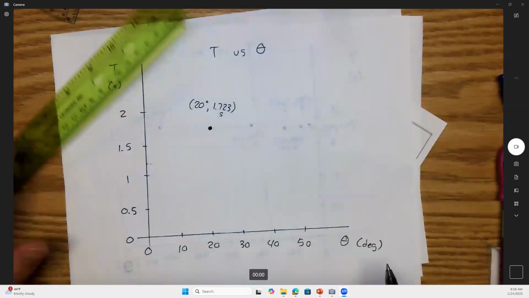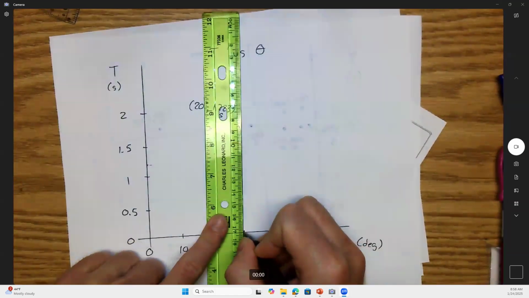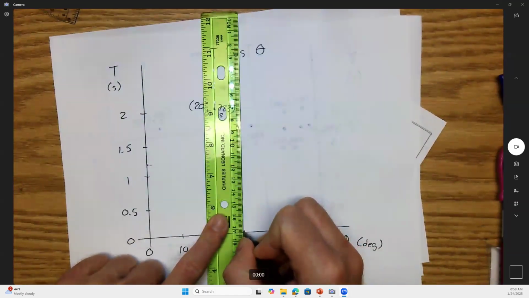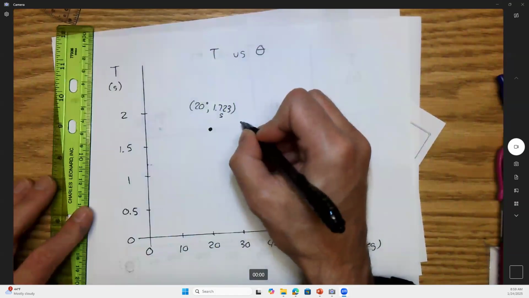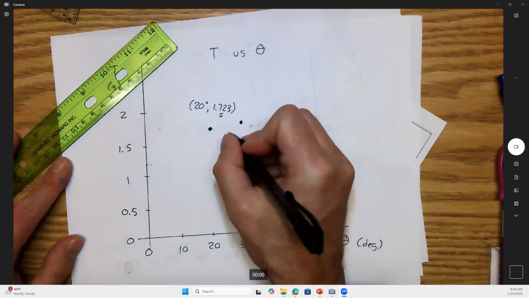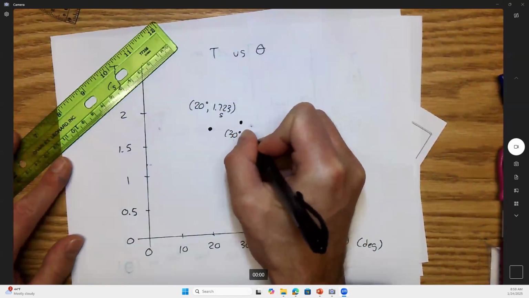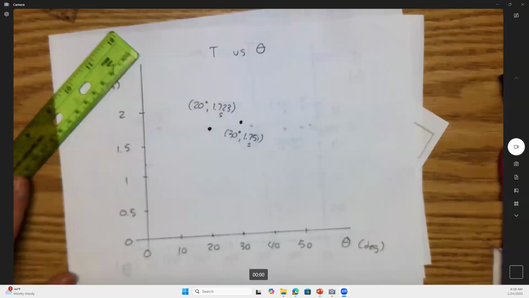The next one was a degree of 30 and a time of 1.751. 1.75. Okay. So that should be right there. 30 degrees, 1.751 seconds. Okay. Next one.